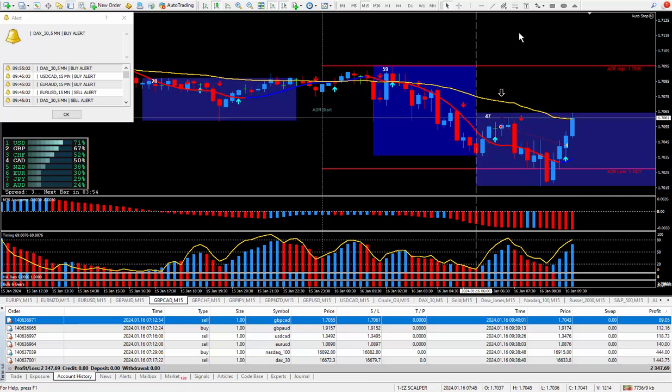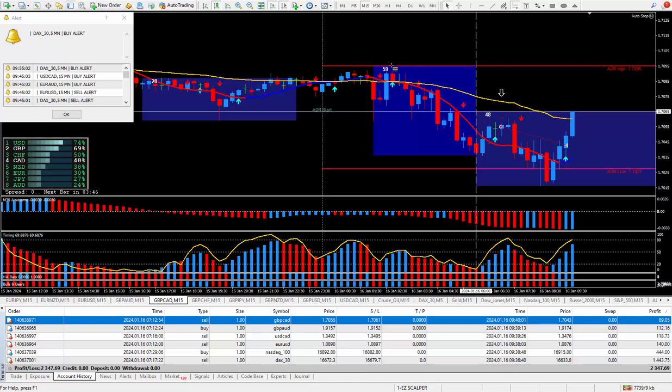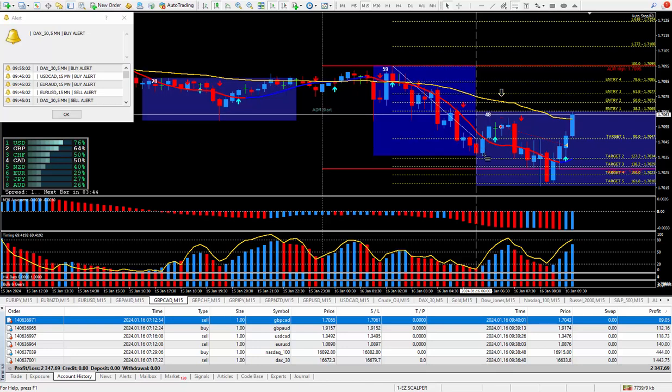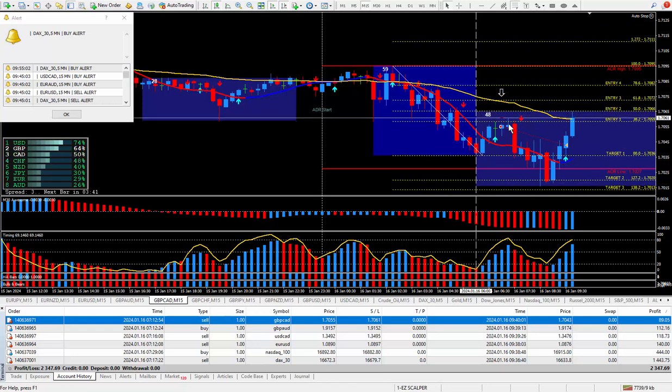If you love Fibonacci, you'll love this advanced Fibonacci tool. All you got to do is click on this tab right here. You go from swing pivot high to swing pivot low, and it did come back to entry 1 right here.